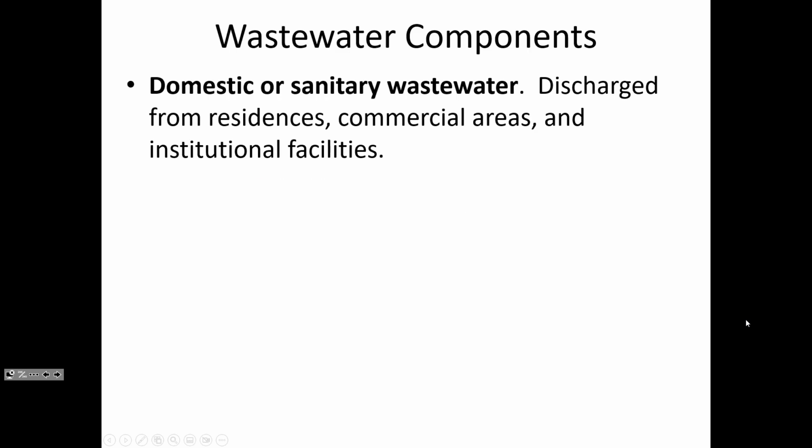So let's just jump into that with some definitions. And it's maybe the greatest euphemism of all time, calling it sanitary wastewater. I mean, it's a true contradiction in terms, because it's certainly not sanitary. But domestic or sanitary wastewater, what we usually mean by that is wastewater that's coming from places that aren't having any kind of industrial process or commercial process that alters the wastewater beyond just the human use aspect.